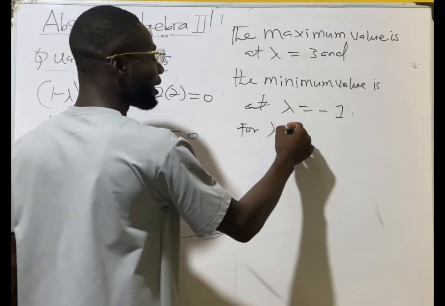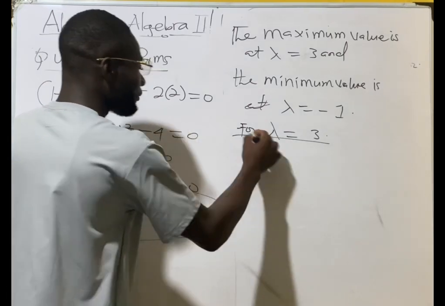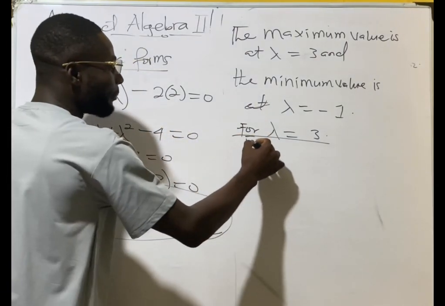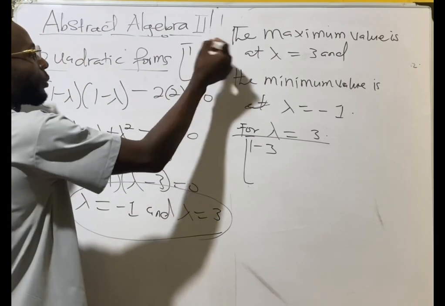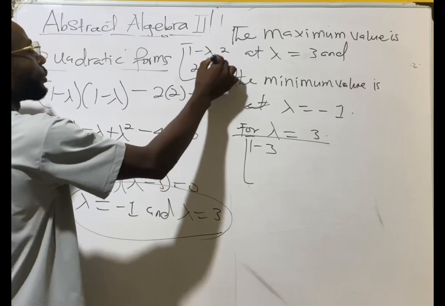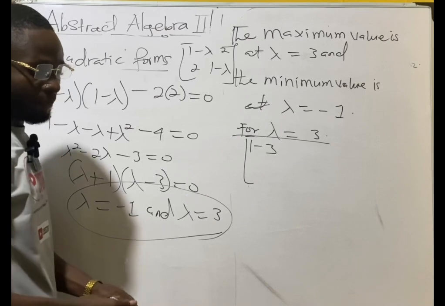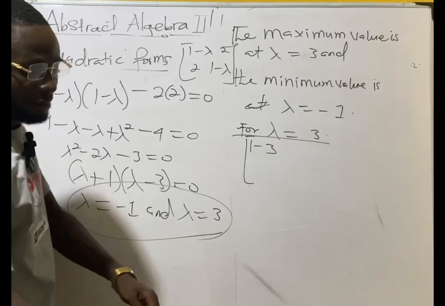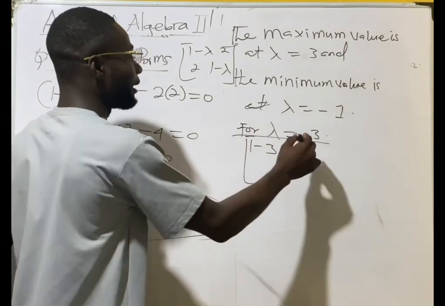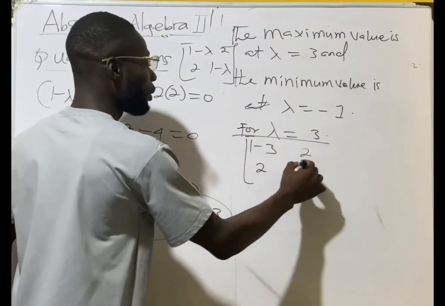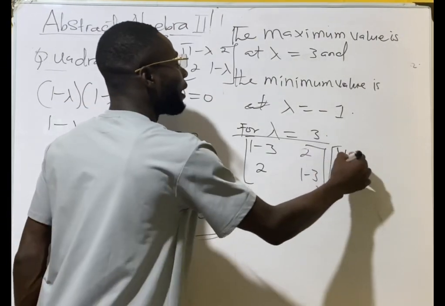So for lambda equals 3, don't forget that we had 1 minus lambda, 2, 2, 1 minus lambda. So our eigenvectors are going to be 1 minus 3, 2, 2, 1 minus 3, multiplied by some unknown.